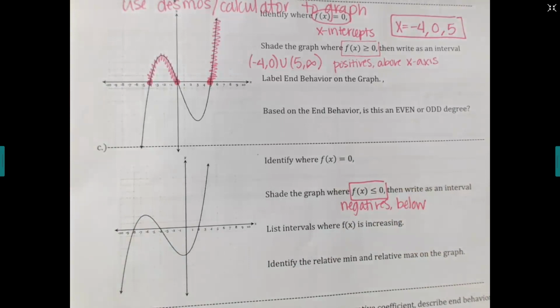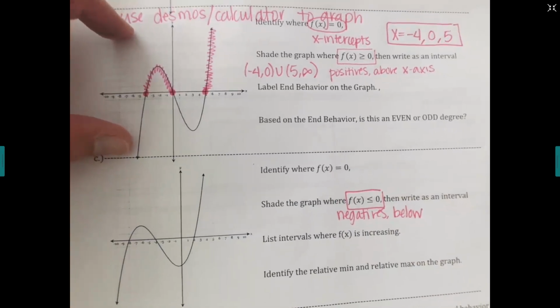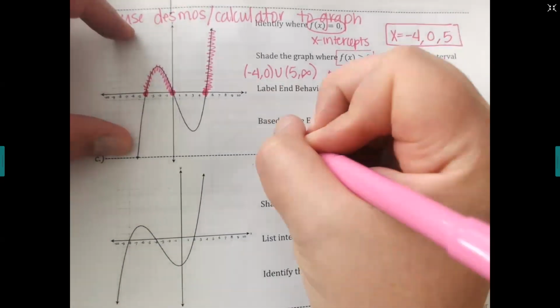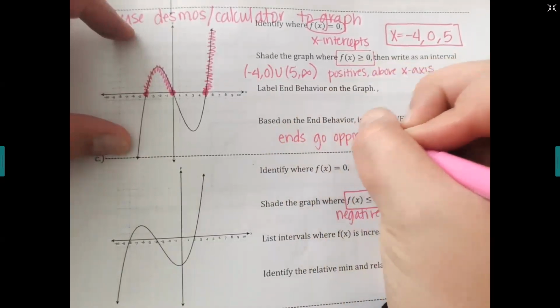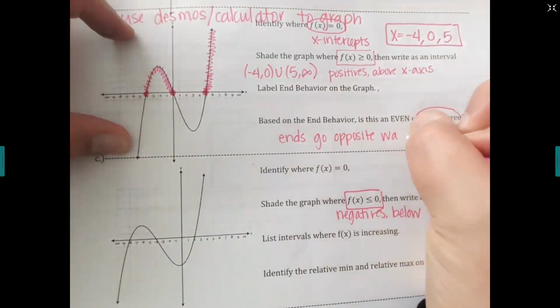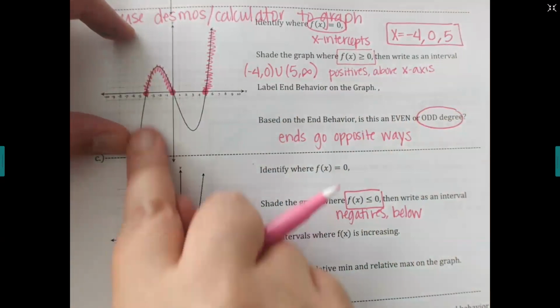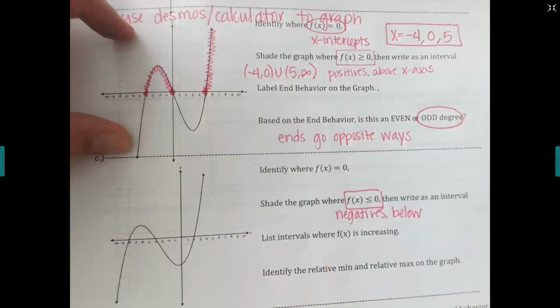Then it says, let's continue, label the end behaviors on the graph. And then is it even or odd? Can you tell me if this graph is even or odd here? Odd is correct. How do we know that? Very good. So the ends go opposite ways. Now, if it starts low and ends high, do you remember if it's a positive or a negative coefficient?